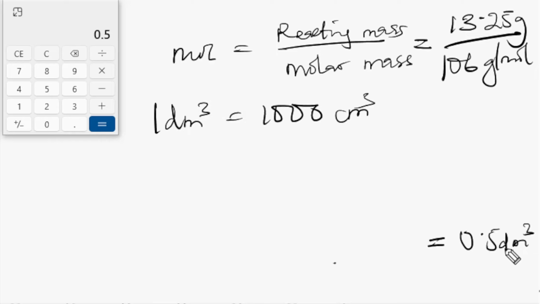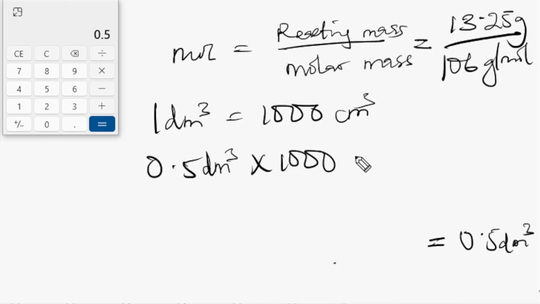So in order to convert 0.5 dm cube to cm cube, we're going to multiply this 0.5 dm cube by 1000. So guys, if you multiply this by 1000, we'll have 500 cm cube.